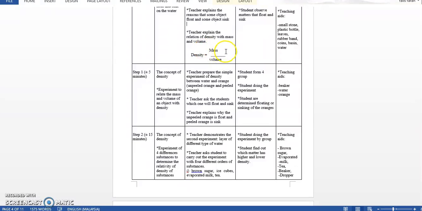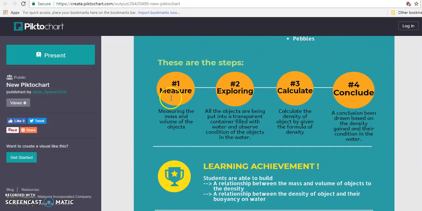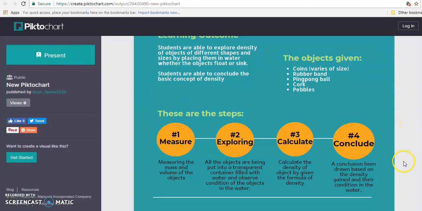So we need to relate mass and volume with the density. Next, students are able to build a relationship between the density of an object and the buoyancy of water. So they will know which objects will float and which objects will sink. As a teacher, we can only guide them. However, they need to do it on their own.